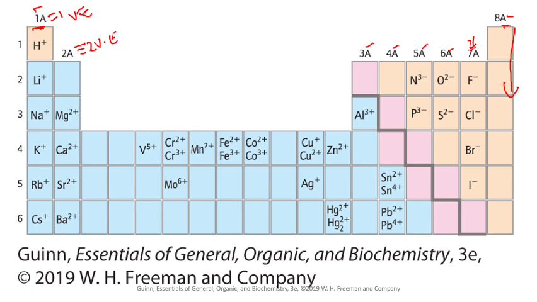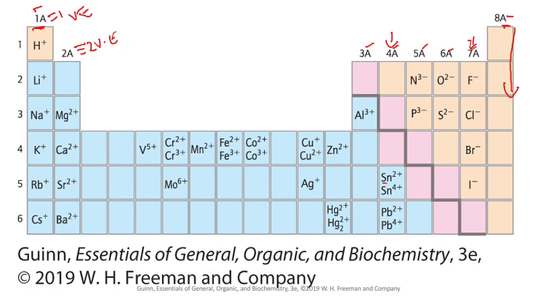So group 1 always has a positive 1 charge, right? Group 2 always has a +2 charge. Group 3 always has a +3 charge. For group 4 you might have a variable charge, sometimes +4, sometimes -4, +2, -2, so depending on the case you have some variable charge.